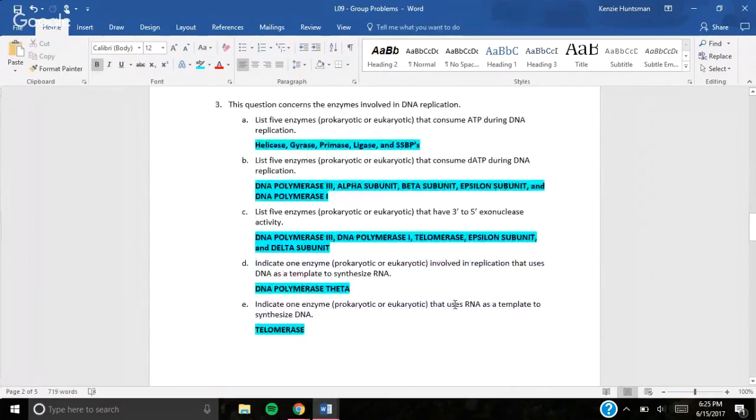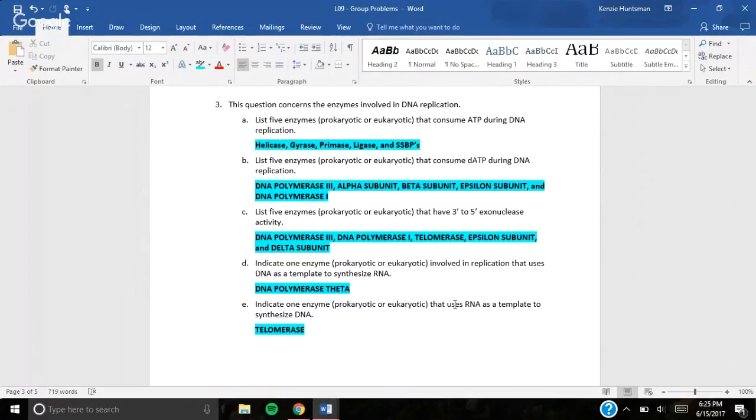And then I'm listing 3. So for A, it says list 5 enzymes, prokaryotic or eukaryotic, that consume ATP during DNA replication. And we found these also from the reading. And so we found helicase, gyrase, primase, ligase, and SSBPs do that.